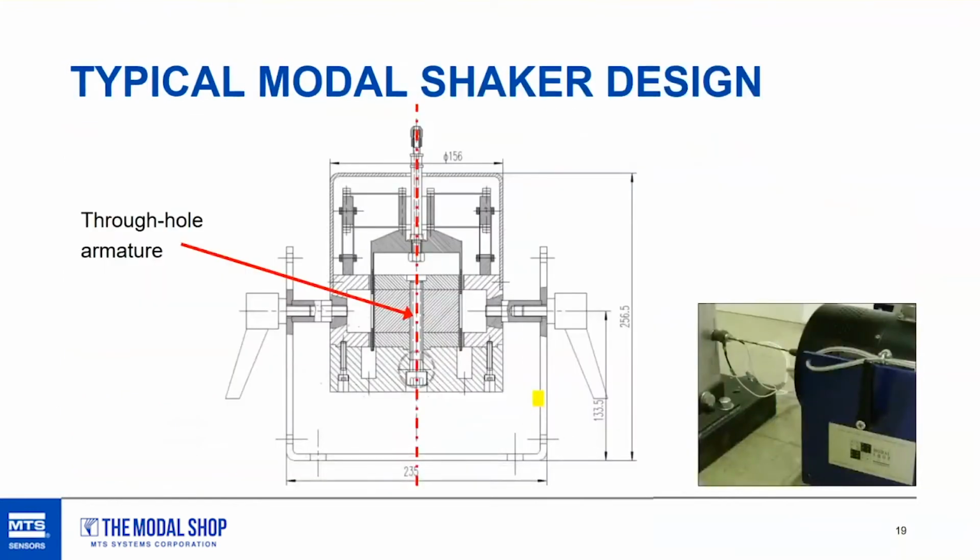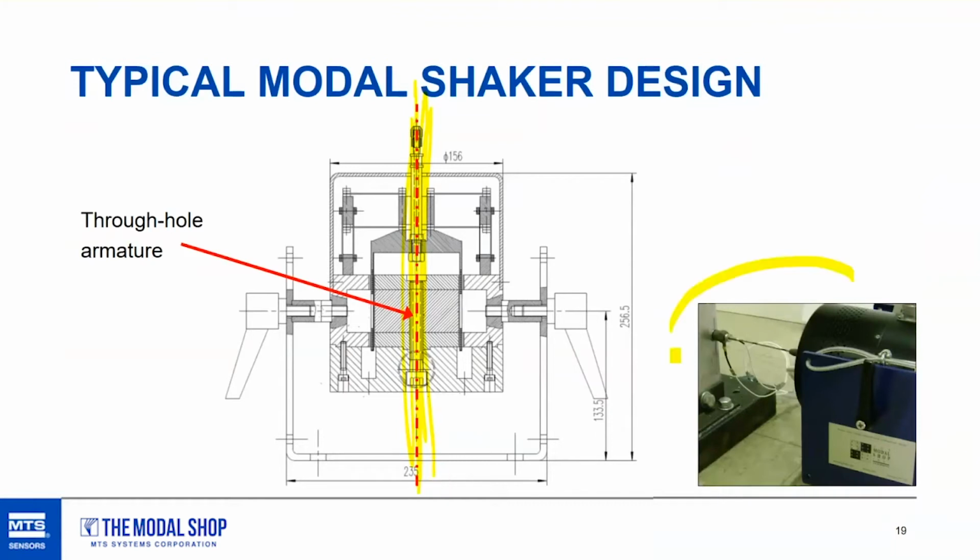And the first thing that I wanted to highlight is the through-hole armature design. If you look at the inside of the shaker, the typical modal shaker will have a hole that goes all through this red line where the stinger can slide through it.